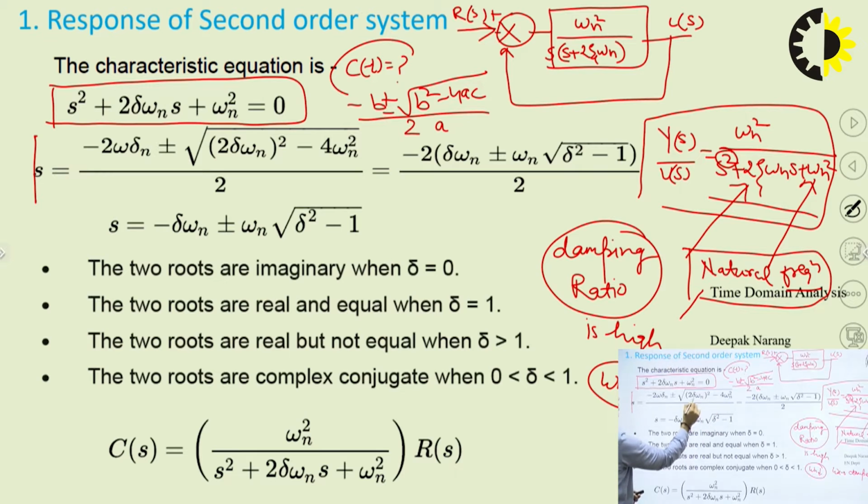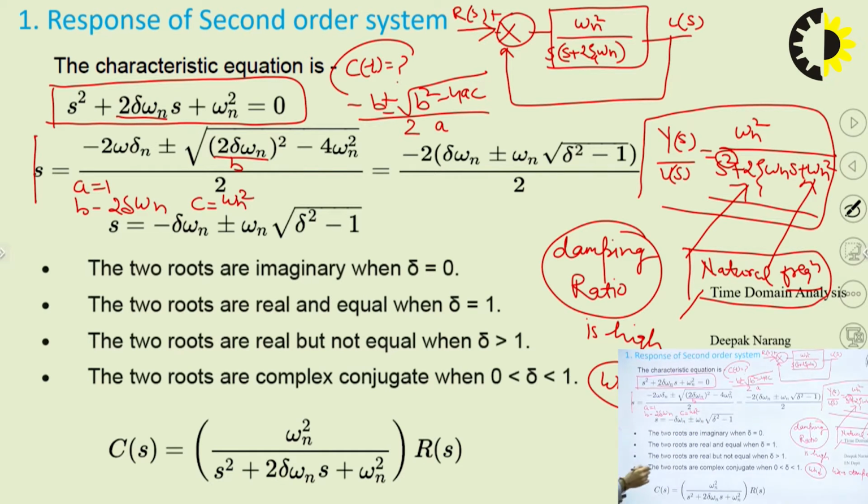Here a is 1, b is equal to 2 zeta omega n, and c is equal to omega n square.